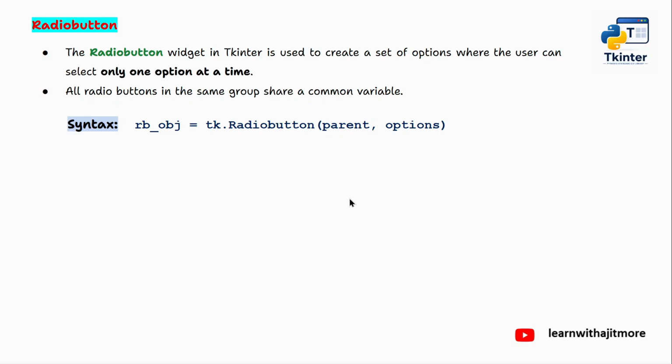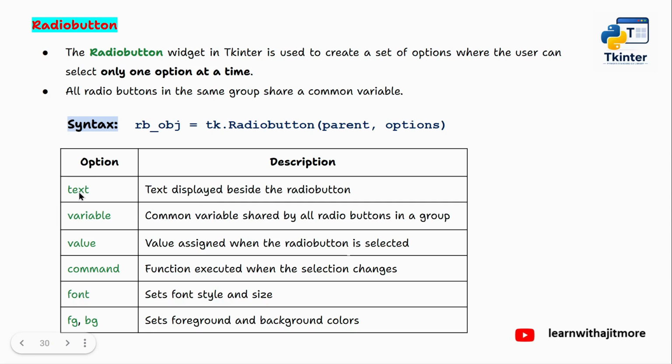Which radio button you select, its value will be copied in that variable. Okay, see here. Text, which will act as the label, the text displayed beside the radio button, then the variable. Okay, please remember this variable is a variable of class IntVar or StringVar or BooleanVar. Different classes are provided by your Tkinter library.